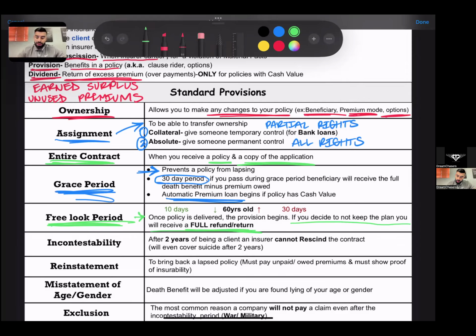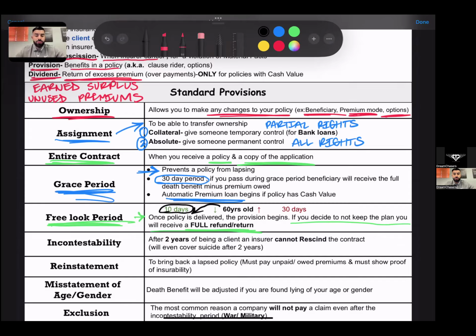So if you are below 60 years old, so 60 and under, your free look period is 10 days, where you can go look for another policy. If you decide to cancel the one you just obtained, you can do so within those 10 days to receive a full refund. Now, you can cancel at any time.